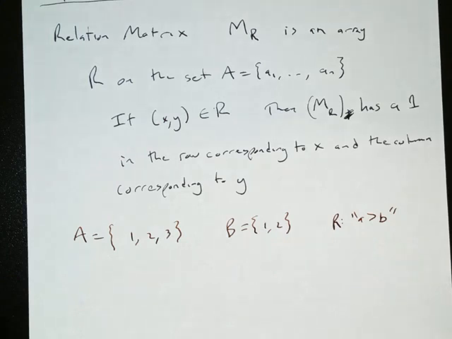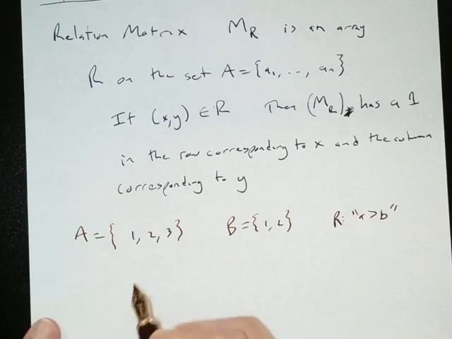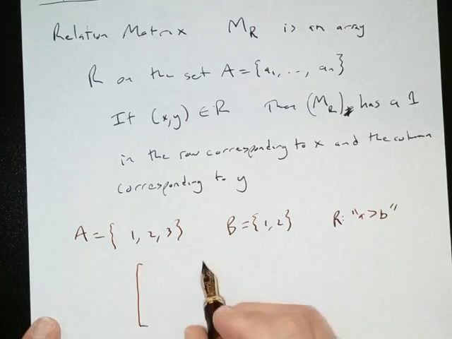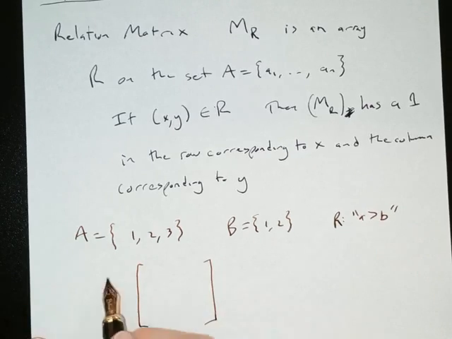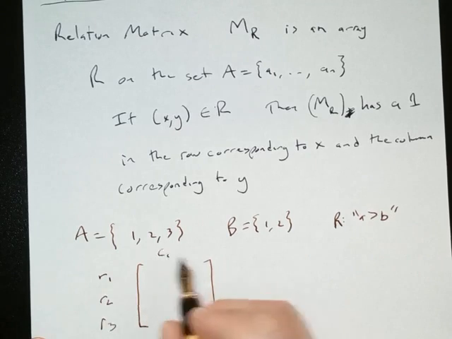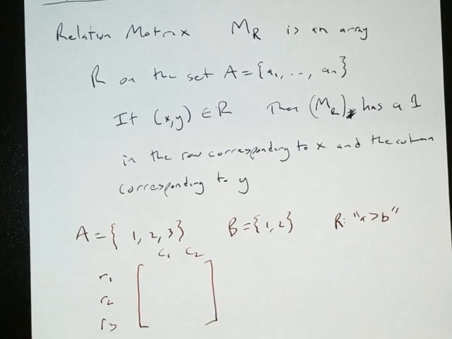Here's a relation from the set 1, 2, 3 to the set 1, 2. And I want you to include only ordered pairs where A is larger than B. My array is going to have 3 rows, and it's going to have 2 columns.